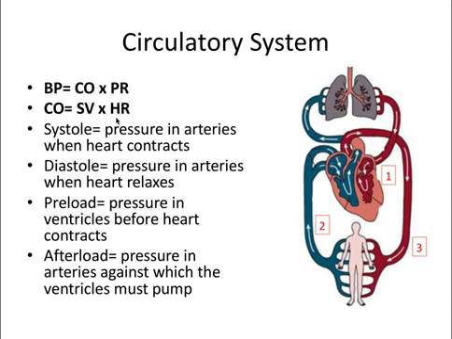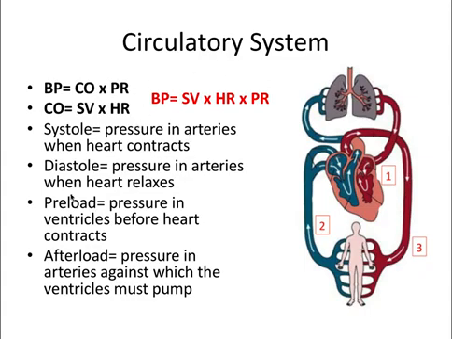So to put them together, to get mean blood pressure in the system, it's stroke volume times heart rate times total peripheral resistance. An increase in any of these values will cause an increase in blood pressure. And the same can be said if any of these are decreased, we'll get a decrease in mean blood pressure. So we'll be referring back to these equations throughout the video.